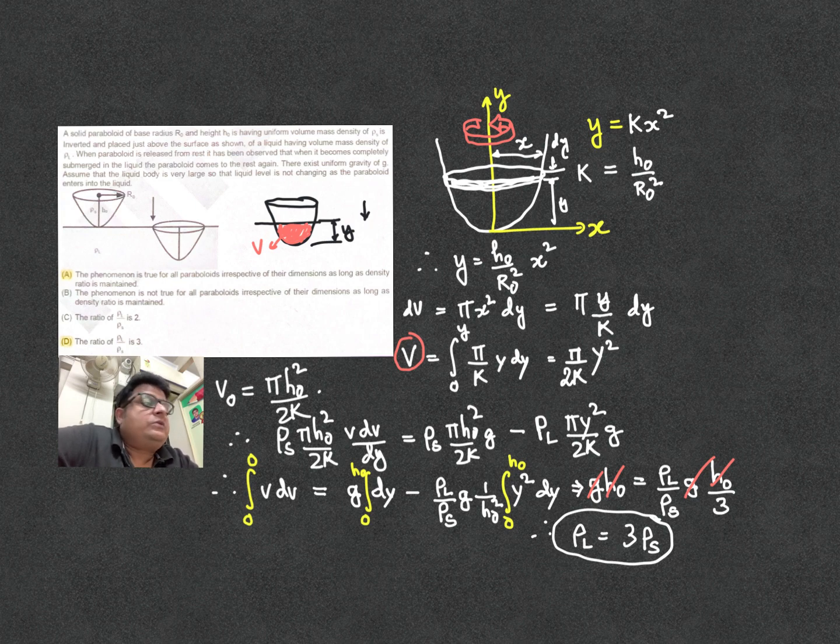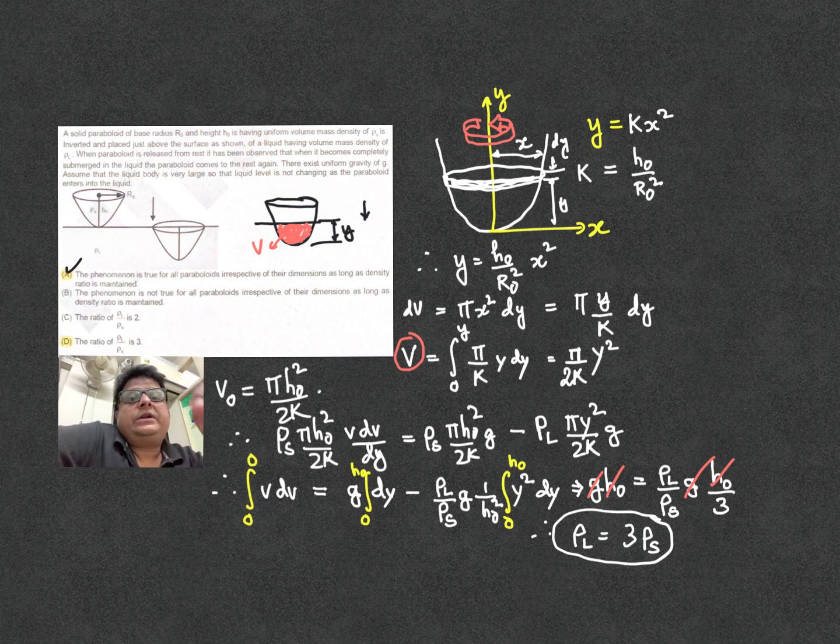And one thing we have seen is that it doesn't depend on the constant k. That means whatever paraboloid it may be, the phenomenon is independent of it. So option A is true. The phenomenon is true for all paraboloids irrespective of their dimensions, as long as the density ratio is maintained. So here's what we have got, rho L equal to 3 times rho s.